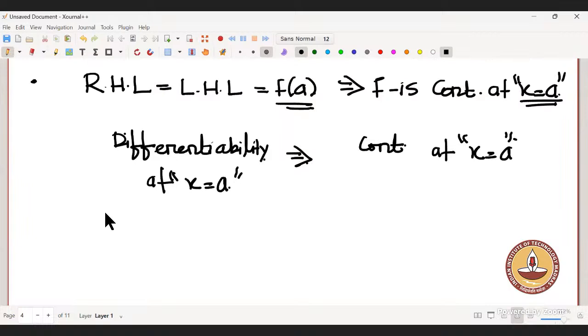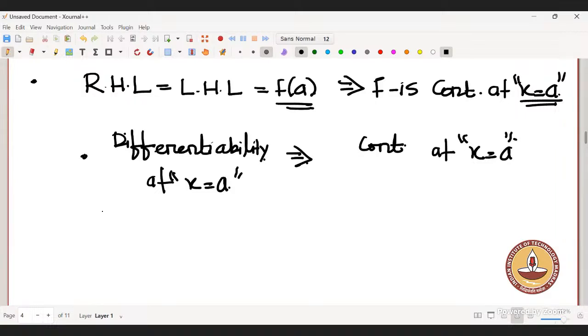If you have a function which is not continuous at x equal to a, from there itself you can directly say that the function is not differentiable at x equal to a, because differentiability always implies continuity.